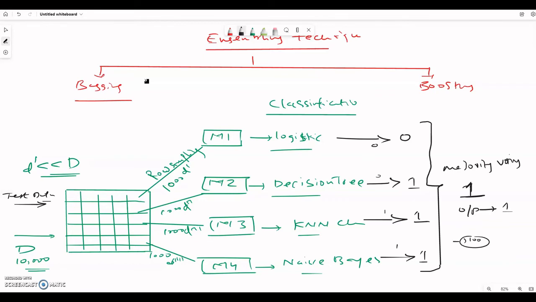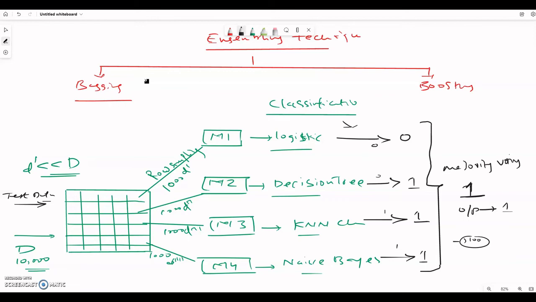So there won't be a high probability of getting an equal number of ones and an equal number of zeros. There should definitely be a difference, right? Now this is for a classification problem. So what about continuous values? What about a regression problem?